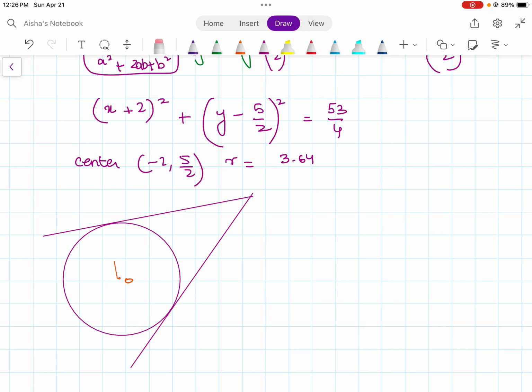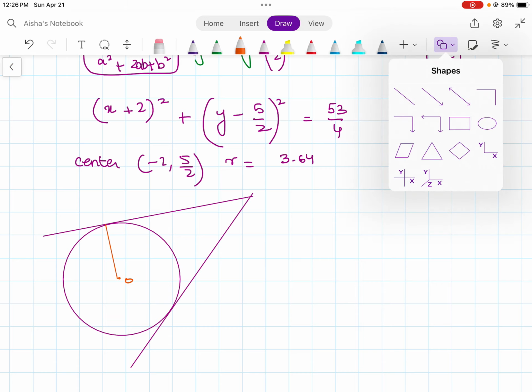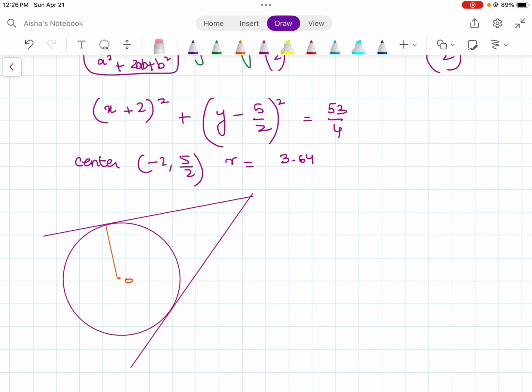Remember, this is going to be my 90 degrees because the radius makes a right angle with the tangent.